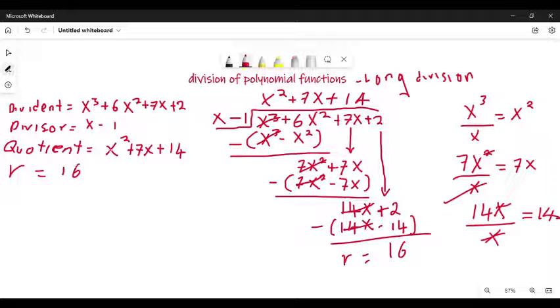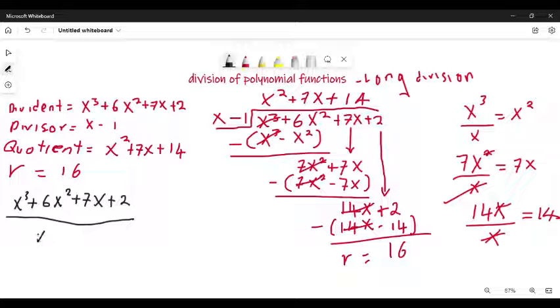So writing down this is very important, because you are going to write your answer in this form. So you write, say, x to the power 3 plus 6x squared plus 7x plus 2 divided by x minus 1 is equal to, you write the quotient, x squared plus 7x plus 14.